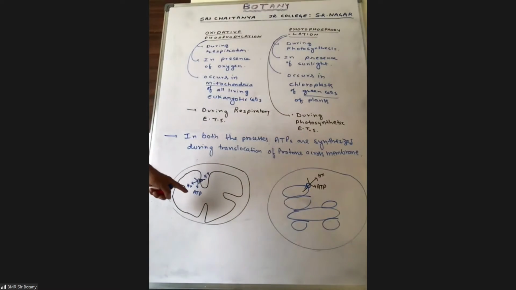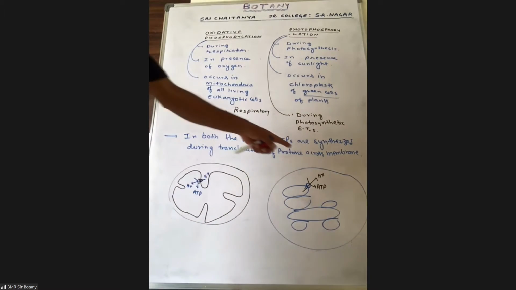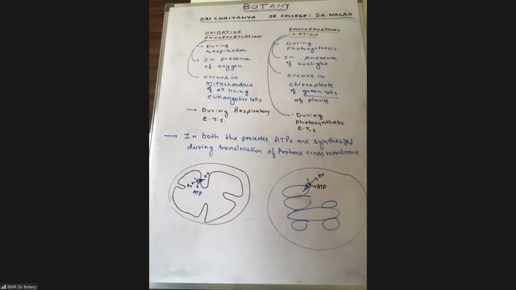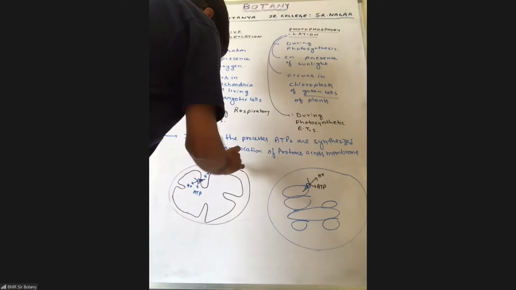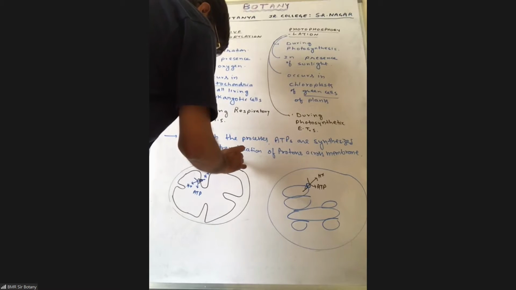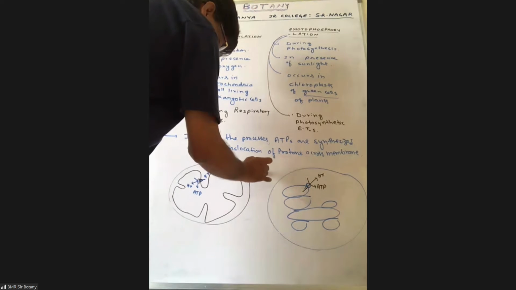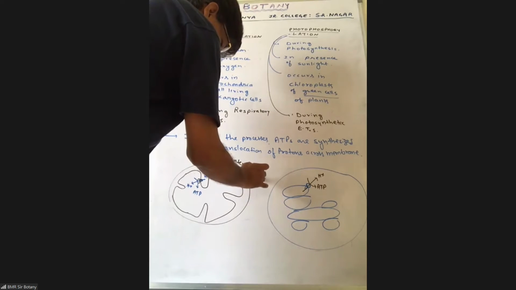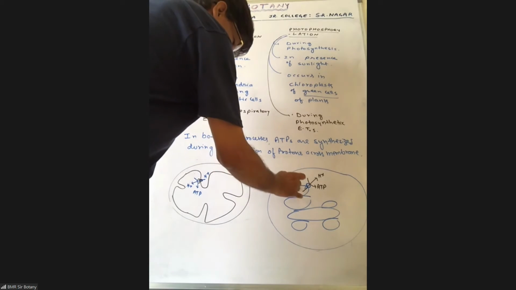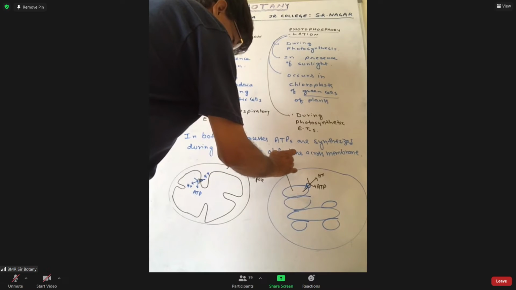Here ATP in the matrix, here ATP in the stroma. Protons reservoir here, lumen of thylakoids. Protons reservoir here, intermembrane space. What was that also called? Intermembrane space, perimitochondrial. This is lumen of thylakoids.